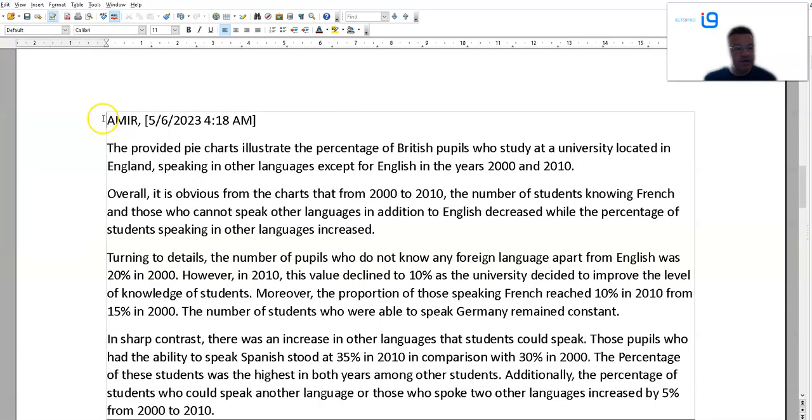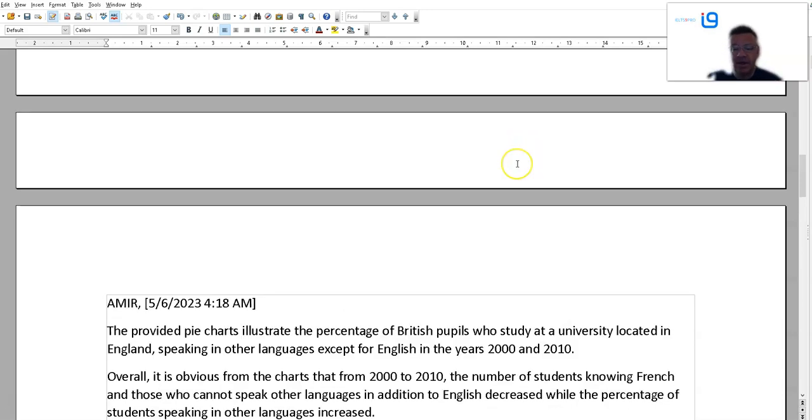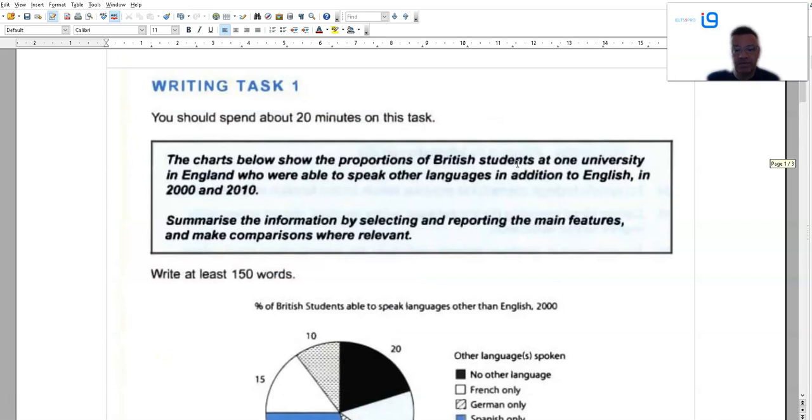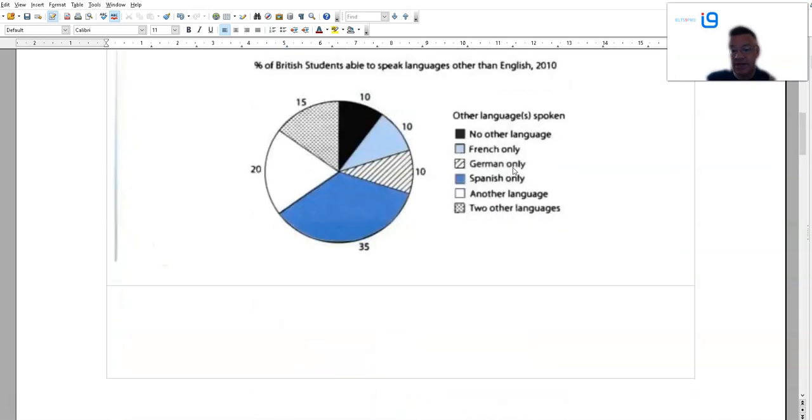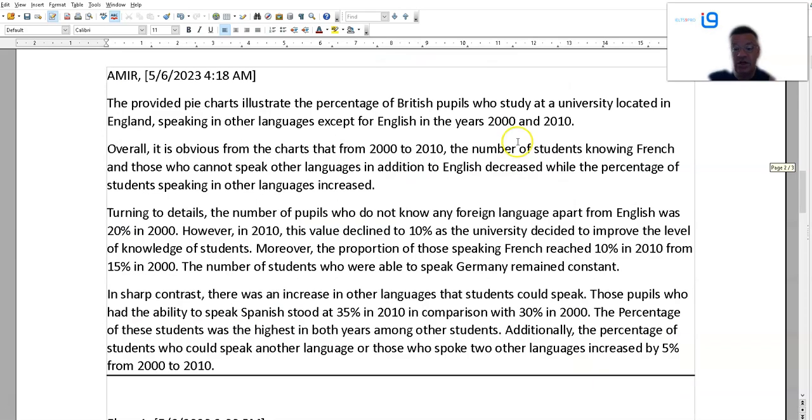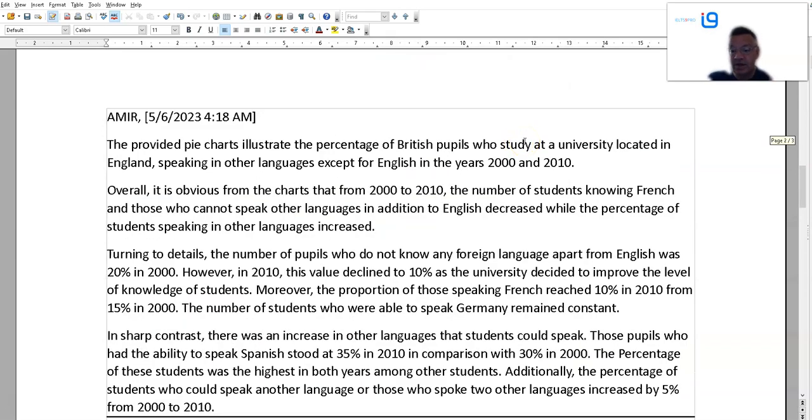And let's see. The provided pie charts illustrate the percentage of British students, well, it can't be "who study" because it's in 2000 and 2010, so we can't really do that. We have to change it to past tense: who studied at a university located in England.